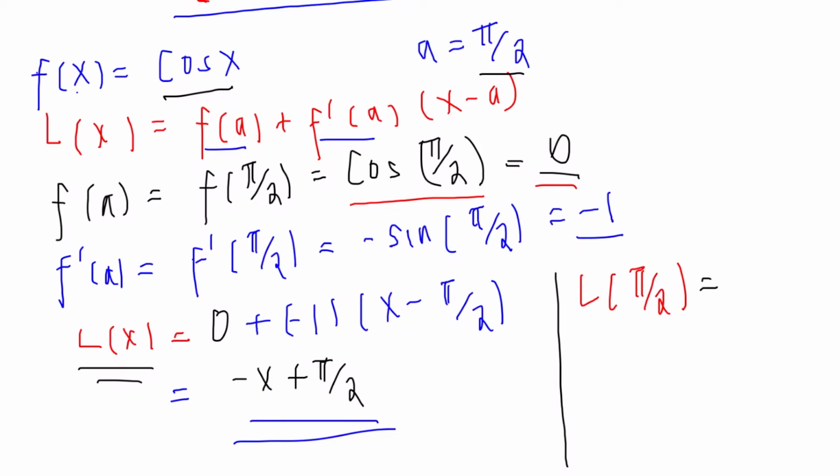So now we have our L of x is minus x plus pi over 2, right? So our x is pi over 2, so it's going to be minus pi over 2 plus pi over 2, which gives us basically 0.